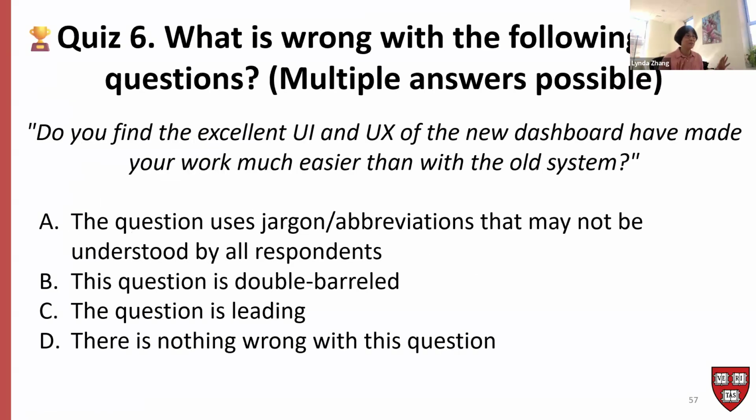Okay, now I have another question for you. What's wrong with the following survey question? Multiple answers possible. Do you find the excellent UI and UX of the new dashboard have made your work much easier than the old system?